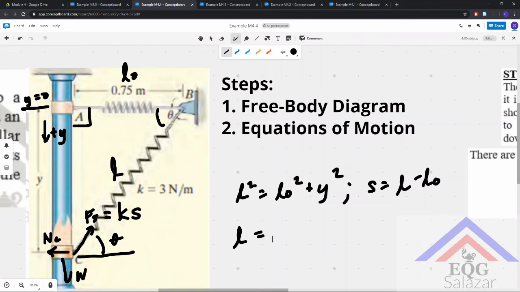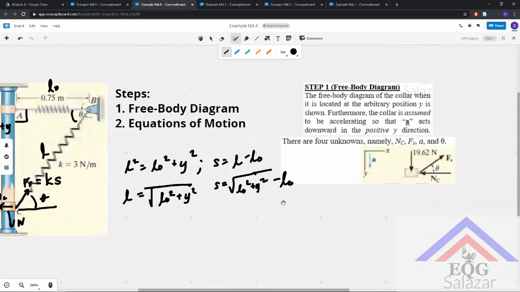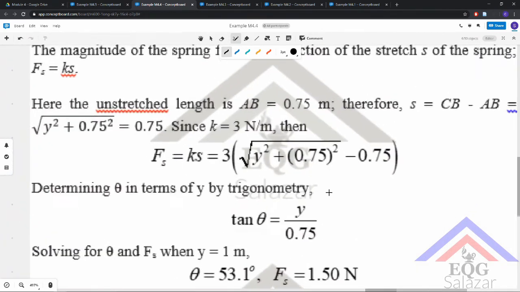L is basically the square root of L sub naught squared plus y squared. Plugging that in, s is equal to the square root of L sub naught squared plus y squared, minus L sub naught. And we know that L sub naught is 0.75, which is why we see here y squared plus 0.75 squared minus 0.75. I hope that's clear.